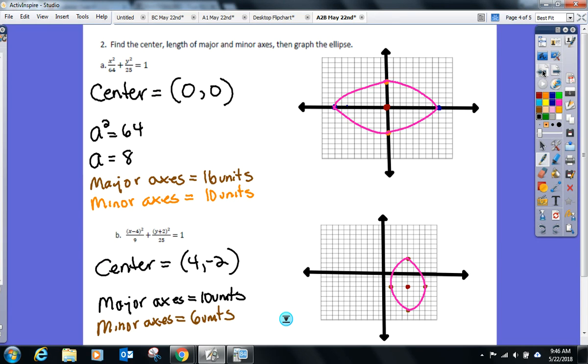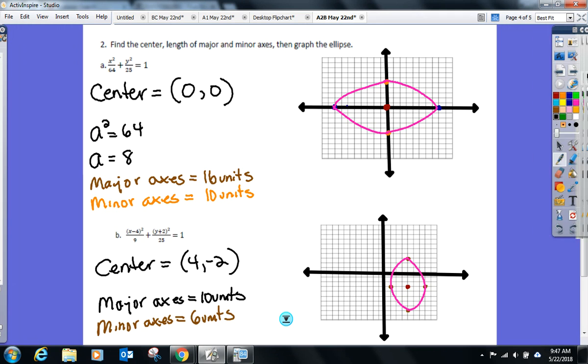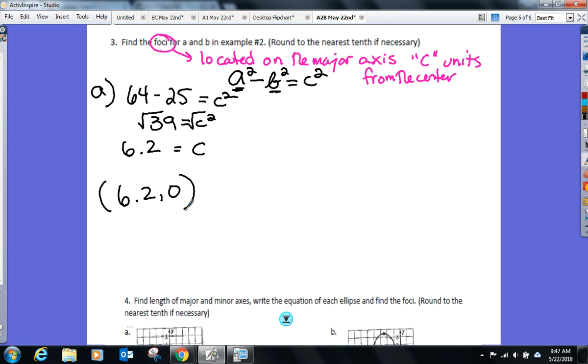We all right? So one coordinate's going to be 6.2, comma 0. And the other one, if I go in the other direction, is negative 6.2, comma 0. And that's easy because the center was 0, 0. What happens if it's not 0, 0? We have to do a little adding and subtracting on our own. All right?